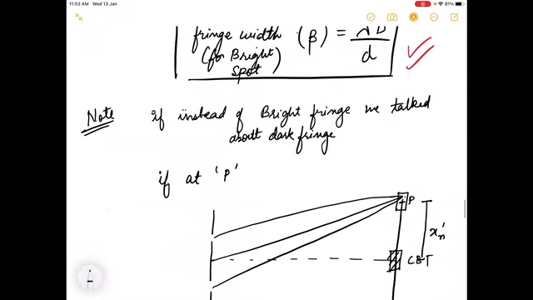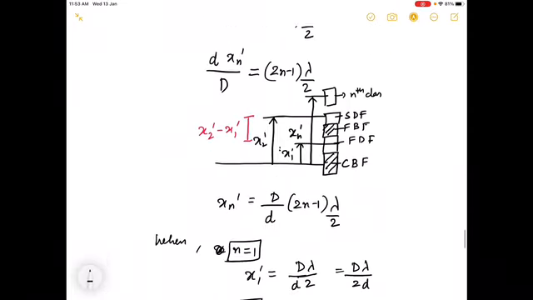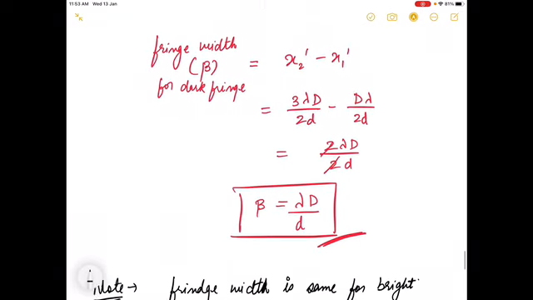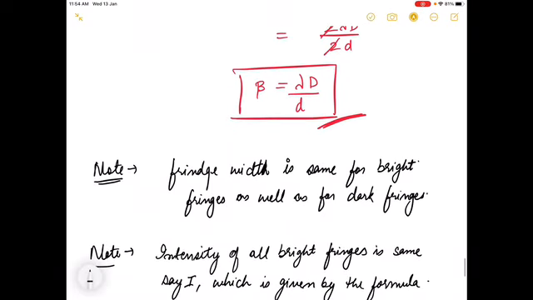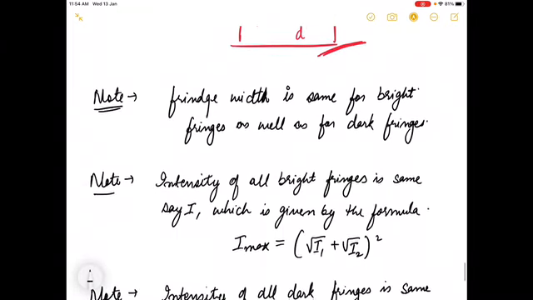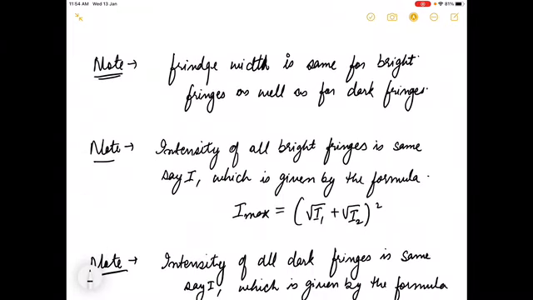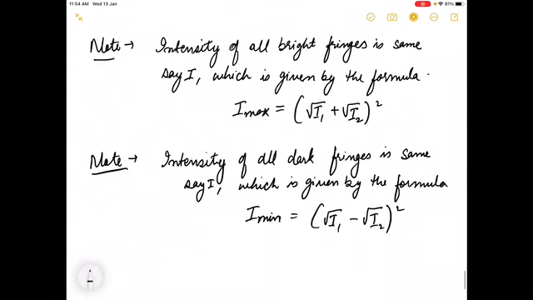This was the same for your dark spot also. So for both dark and bright, the fringe width is the same. Intensity of all the bright fringes is the same, that is root of I1 plus root of I2 whole square. Intensity of all the dark fringes is the same, that is root of I1 minus root of I2 whole square.